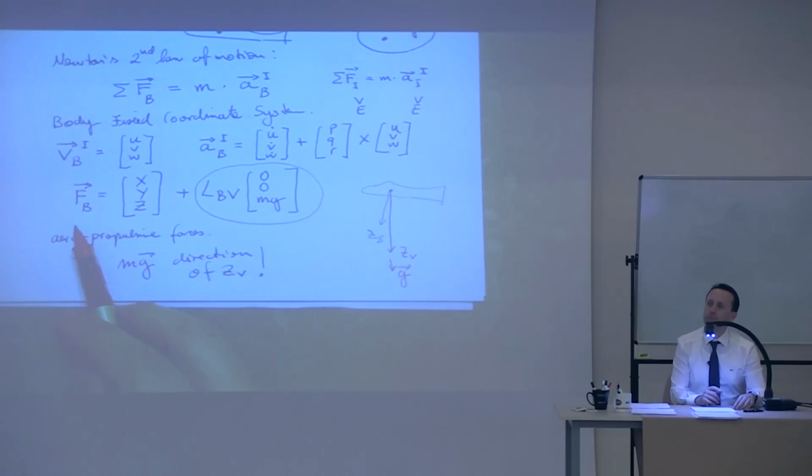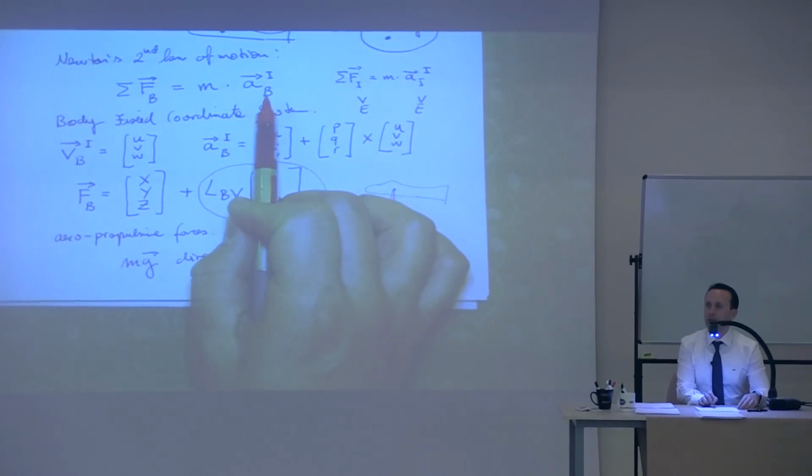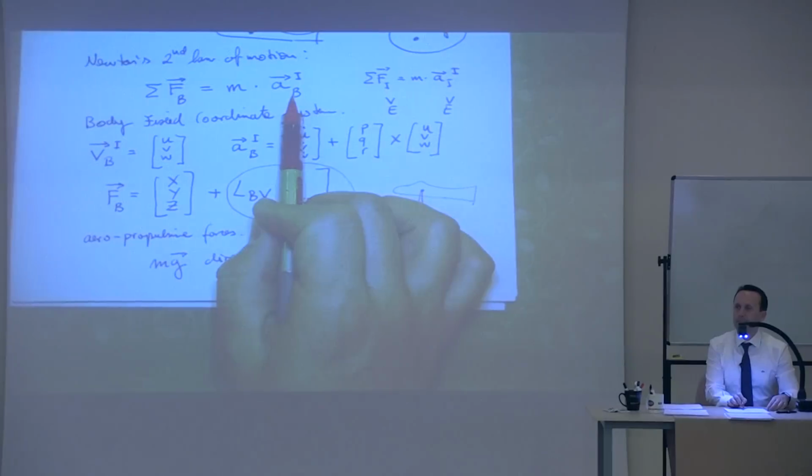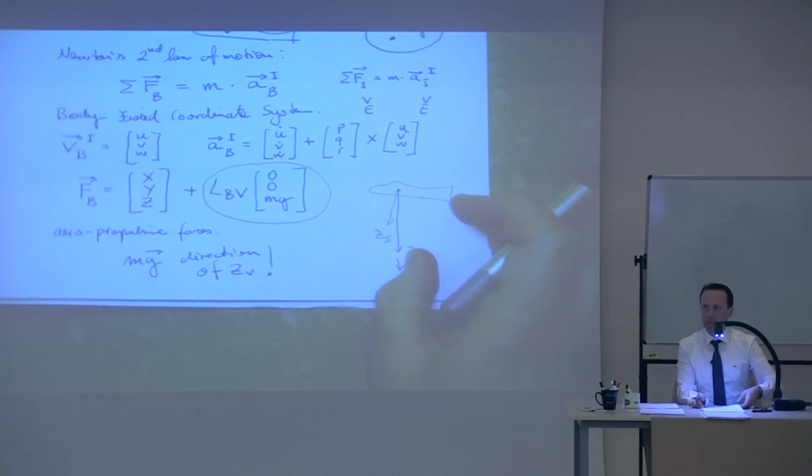Yes? Why don't we care about the moments or other things? The moments? Yeah. Well, this formula doesn't have moments, right? Yes, but at the end, we know that all the aeropropulsive forces can create a moment.